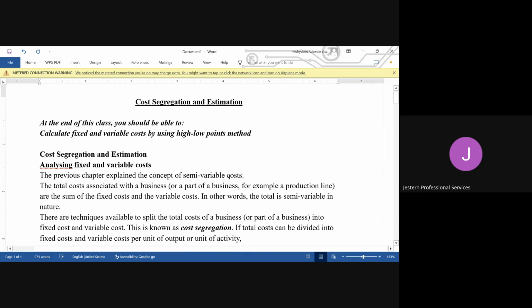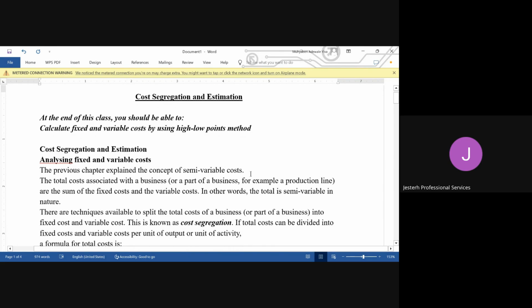The purpose of cost segregation is how can we split those semi-variable costs into the variable and then into fixed cost as well, so that each of the costs can be aligned to what they are being used for.